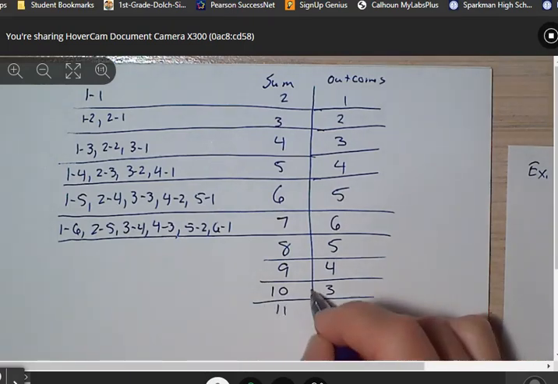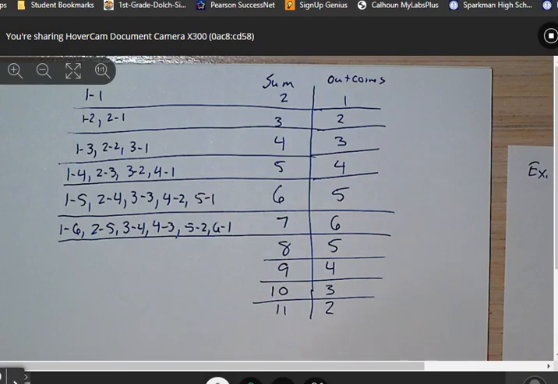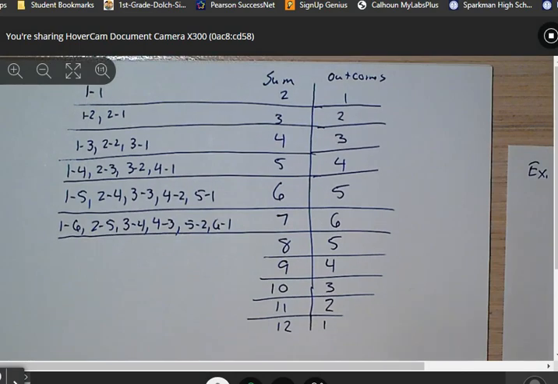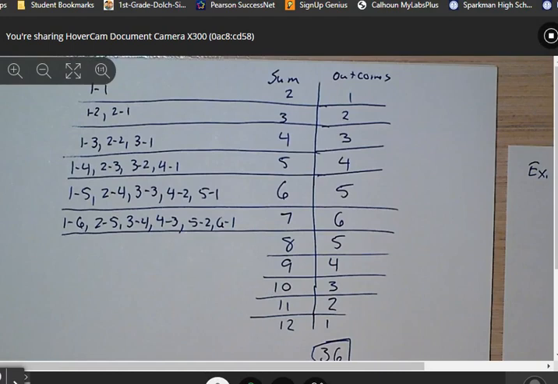If you get to 11, there's 2 different ways. And if you do a sum of 12, there would only be 1 different way. All right, and again, if you go back through and add up all these different outcomes, that means there's 36 different total outcomes that you can get from this one.